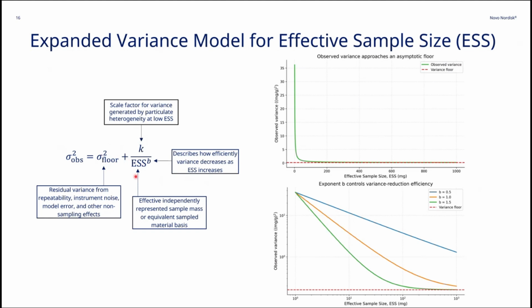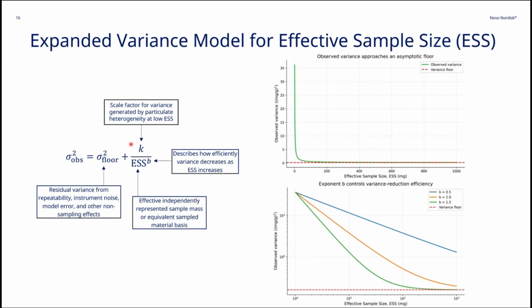And then you add a term, 1 over S, but if you look in the sampling theory from Pierre Gy and Kim Esbensen, for example, it's more complicated than this. They work with something they call a scale factor. So it's a factor that characterizes what your particulate heterogeneity is.